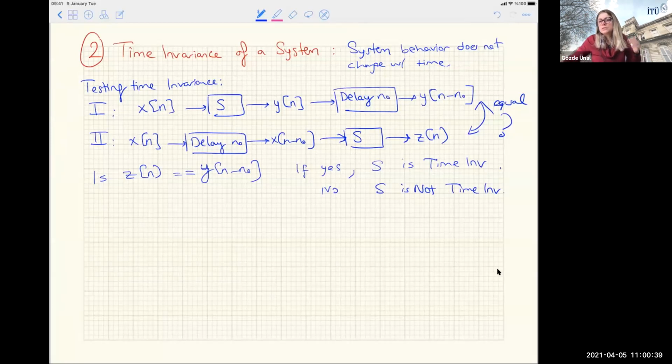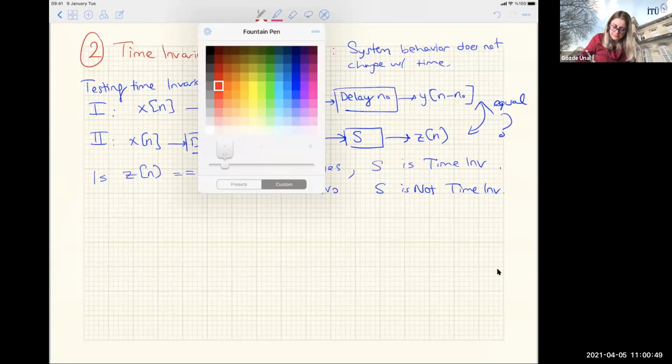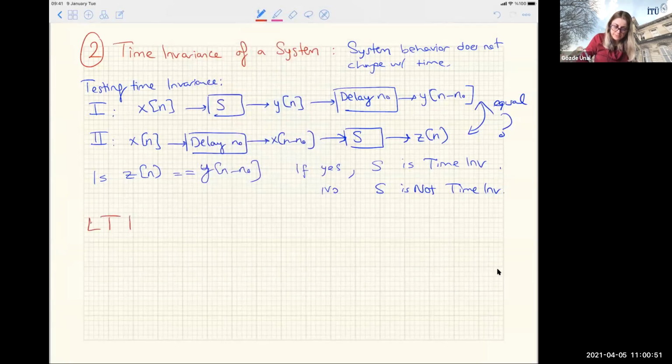And superposition is also very intuitive. Does the sum of inputs give me the sum of outputs of the system? So now we combine these two properties: LTI, we call it linear time invariant systems.